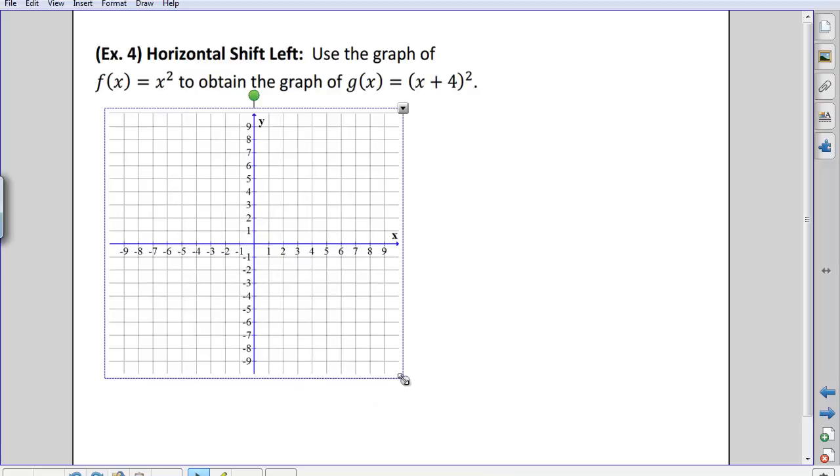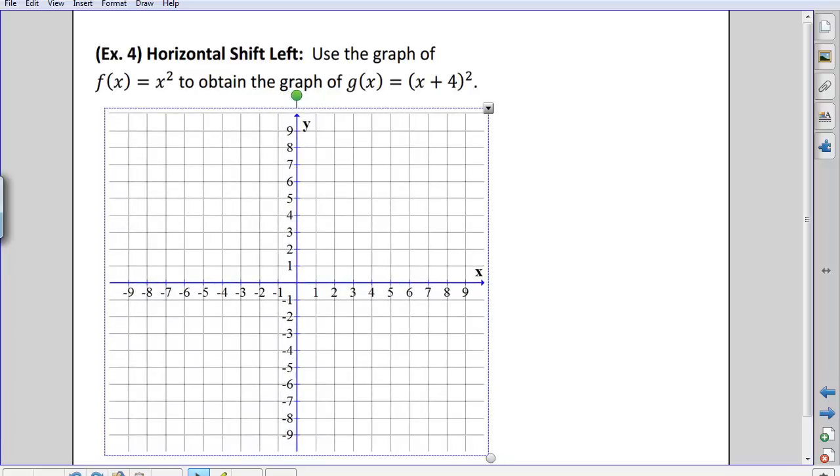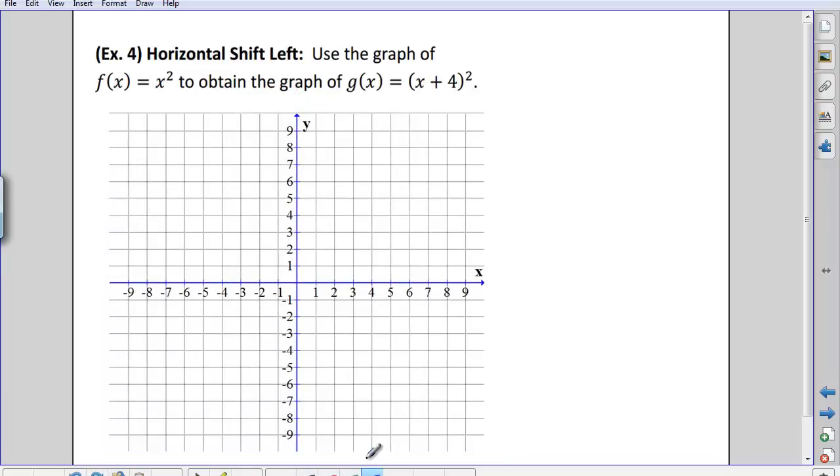Use the graph of x squared to obtain the graph of x plus 4 squared. Now again, we should be able to zip through this pretty quick. The graph of x squared, we know, again, that's that parabola.